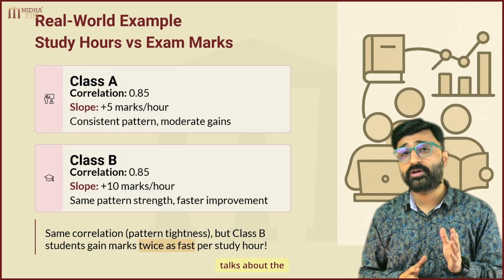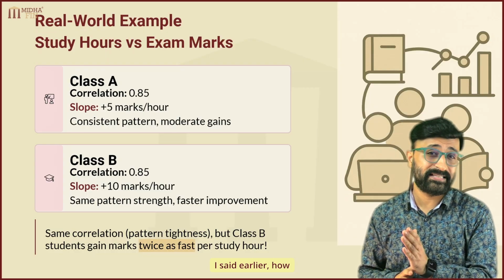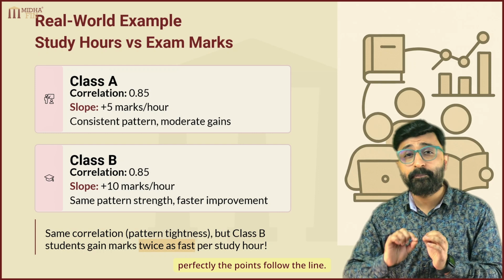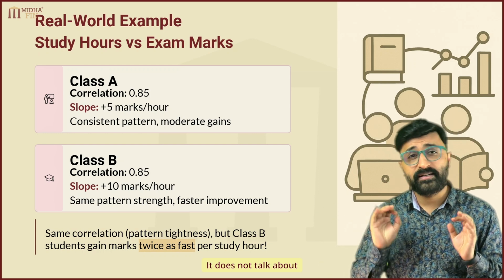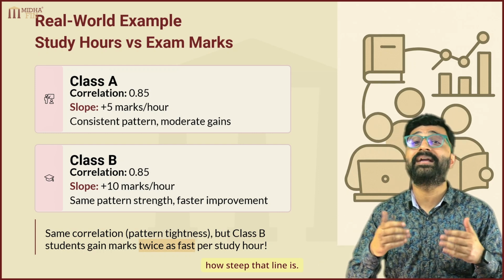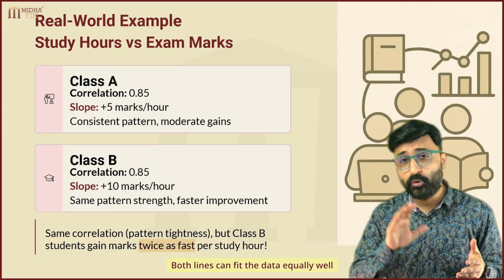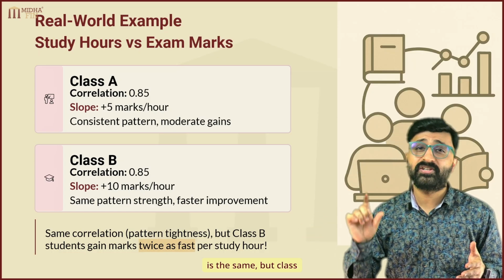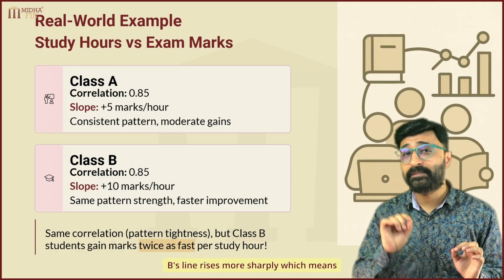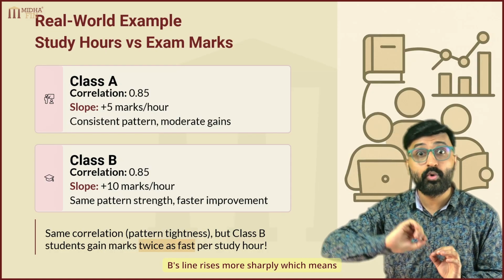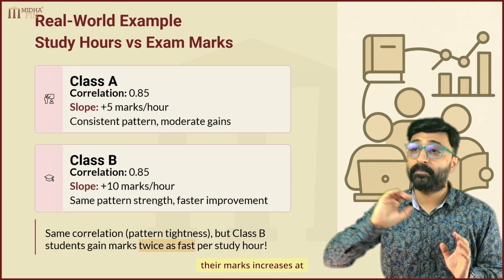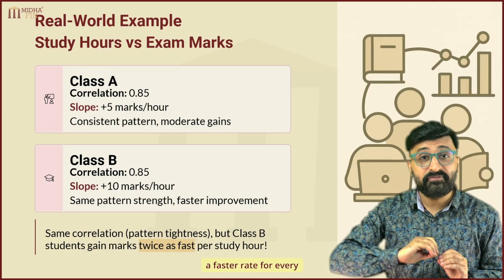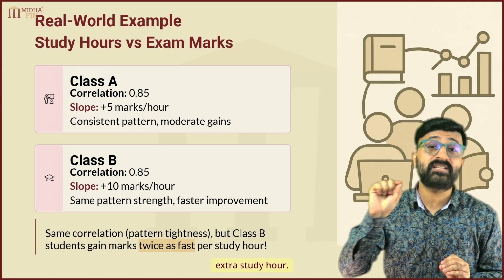Correlation only talks about the strength of the relationship, as I said earlier, how perfectly the points follow the line. It does not talk about how steep that line is. Both lines can fit the data equally well. That is why correlation is the same, but class B's line rises more sharply, which means their marks increase at a faster rate for every extra study hour.